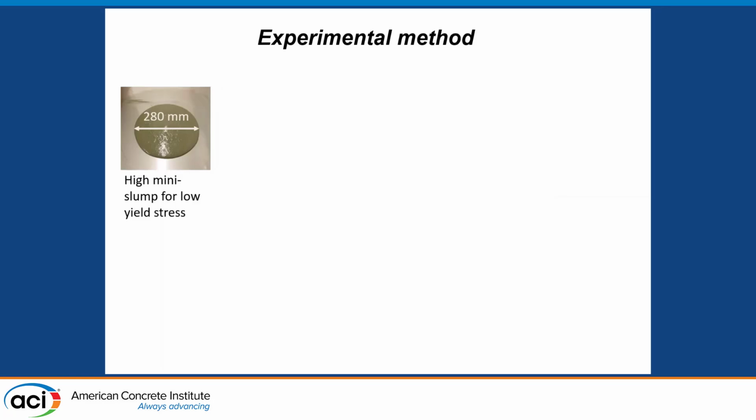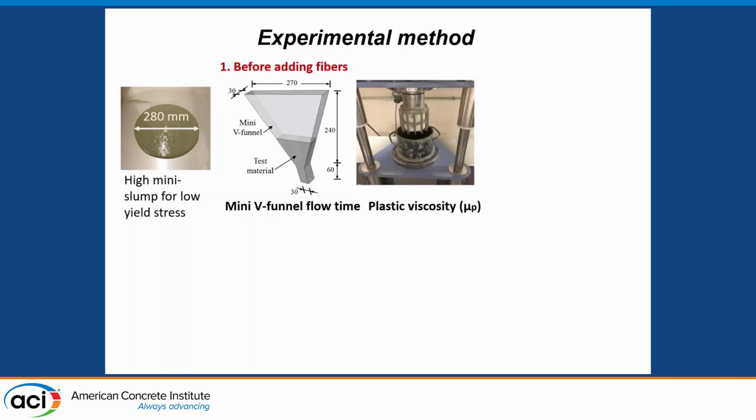To have a relatively thin plug flow zone, we should achieve a relatively high mini slump flow for low yield stress. Here we have 280 millimeters plus or minus 5 millimeters, so we fixed the mini slump flow. Before we added fibers, we tested the viscosity of the suspending mortar using two methods.